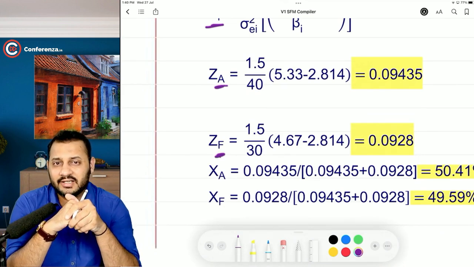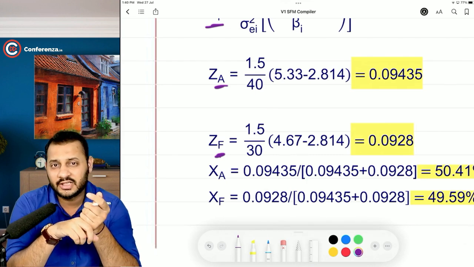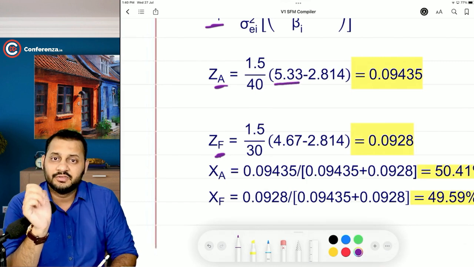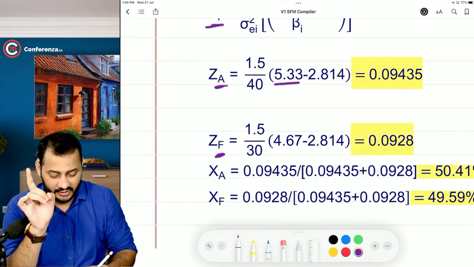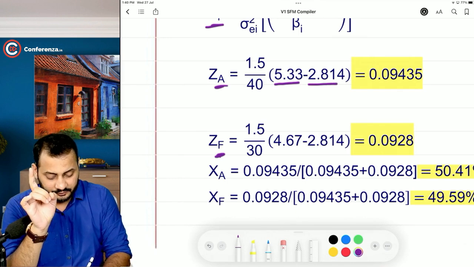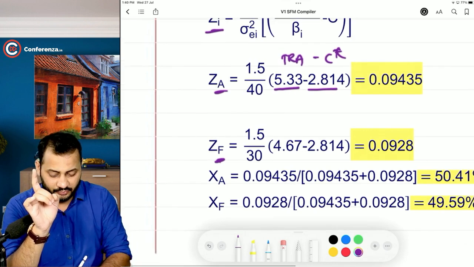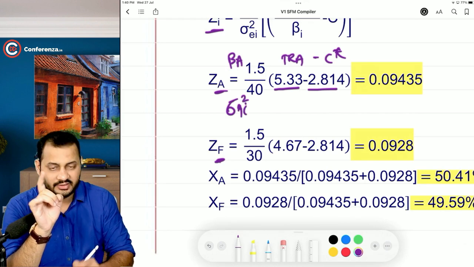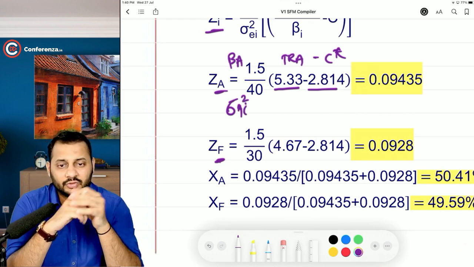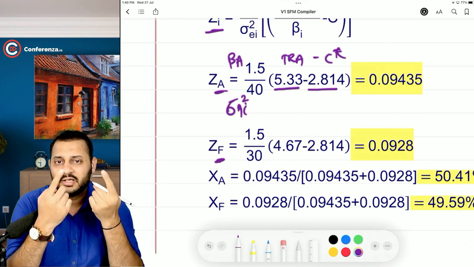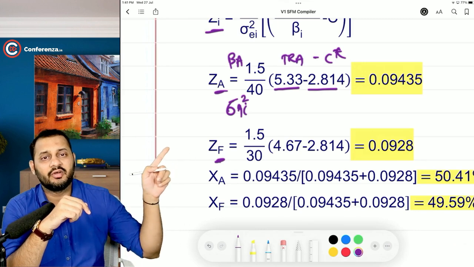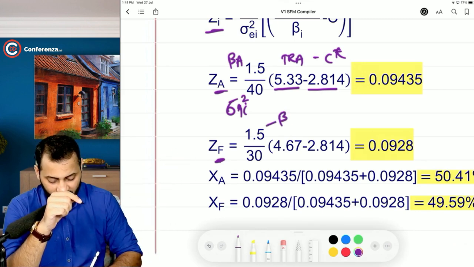These ZI calculations will be done only for the 2 securities that we have selected for the optimum portfolio. So the Treynor ratio of A minus C asterisk, and outside it is going to be beta of A, standard deviation of EI square, whatever you want to take. So unsystematic variance in the denominator, systematic risk in the numerator, Treynor ratio in the bracket and the C asterisk. Similar is going to happen with security F. We are going to take this one as the beta of F.